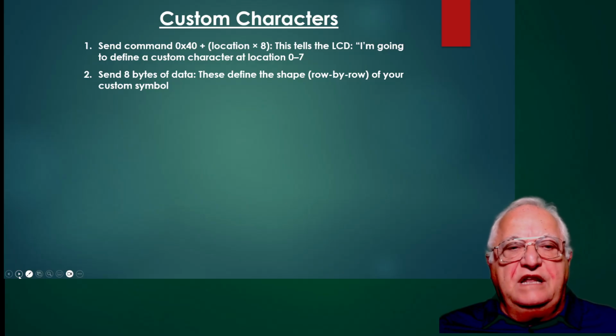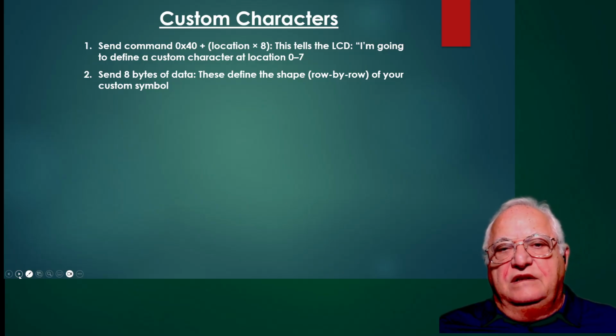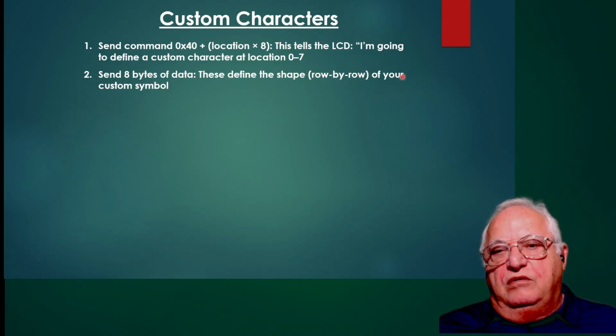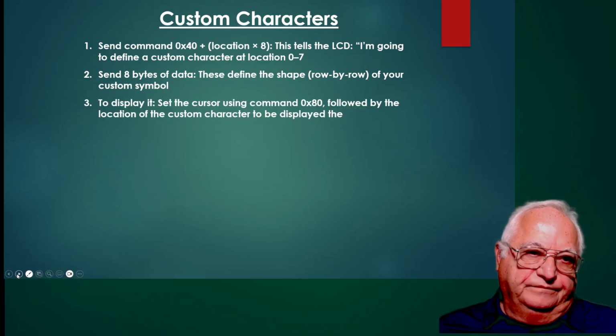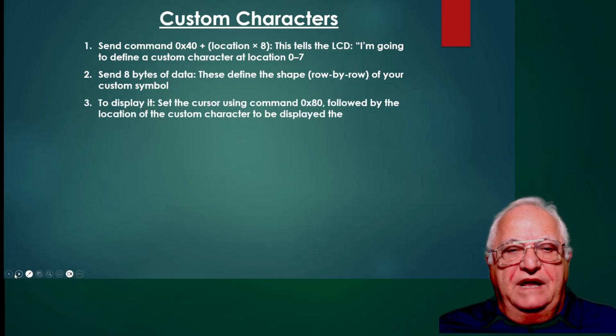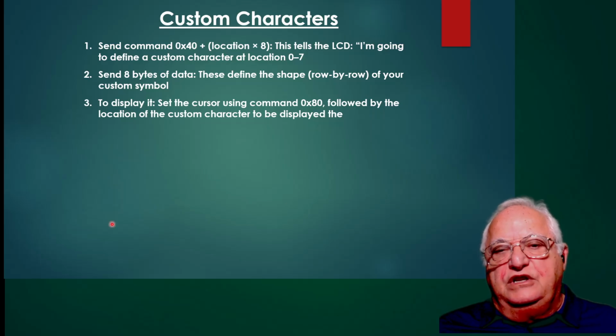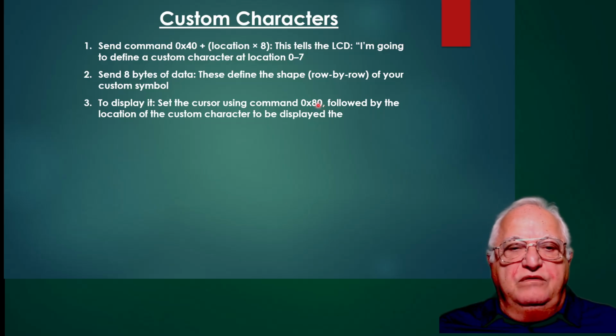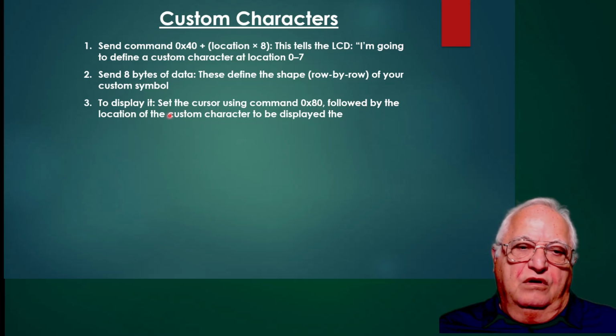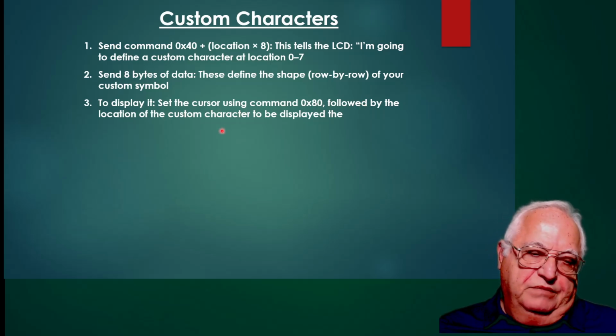Next, you send the 8 bytes of data. This defines the shape, row by row, of your custom symbol. To display it, set the cursor using the command 0x80. So basically you put the cursor where you want it to be displayed, and then you follow it by the location of the custom character to be displayed.